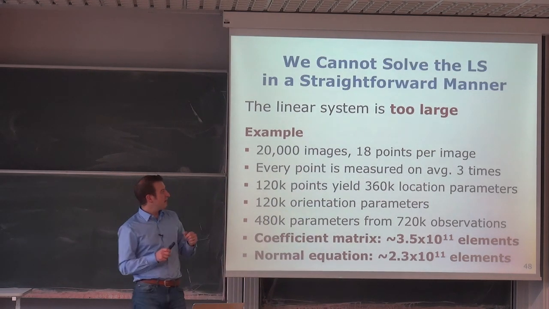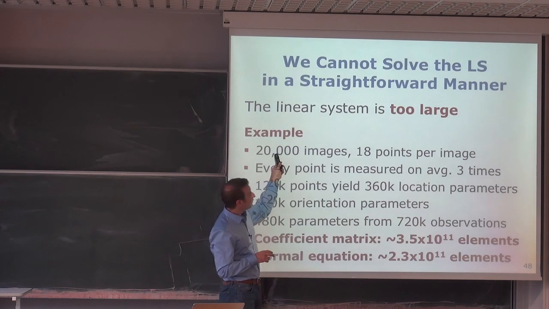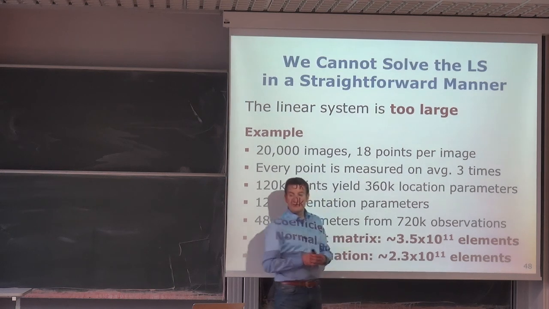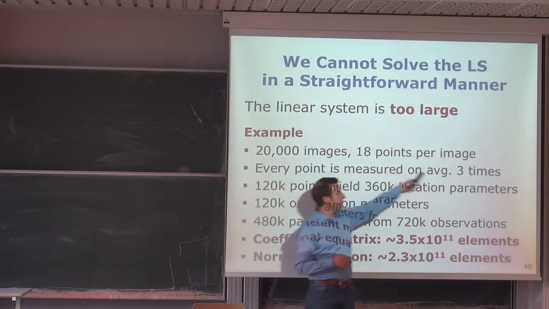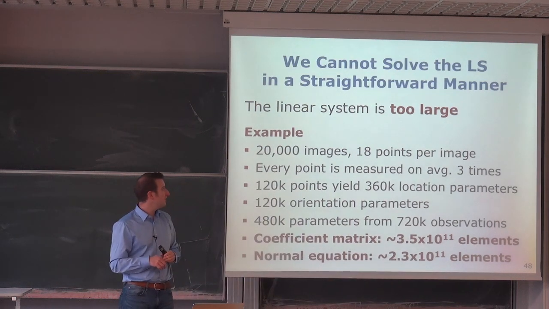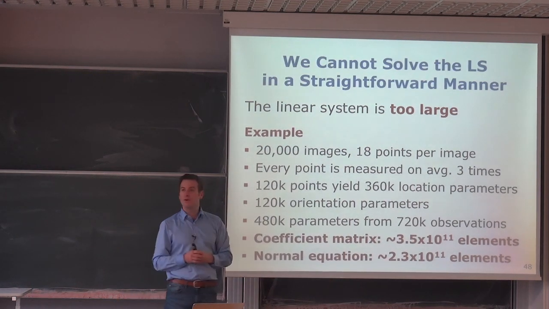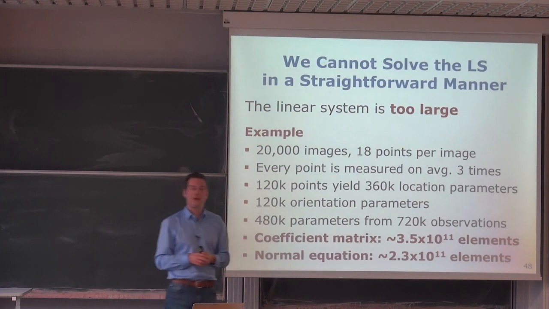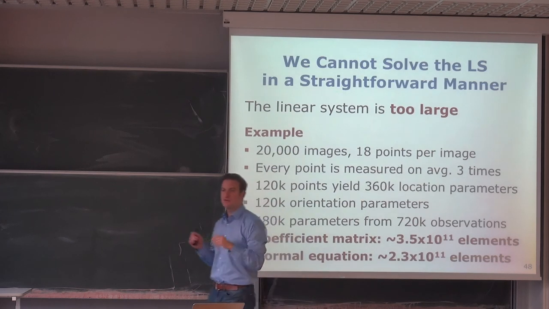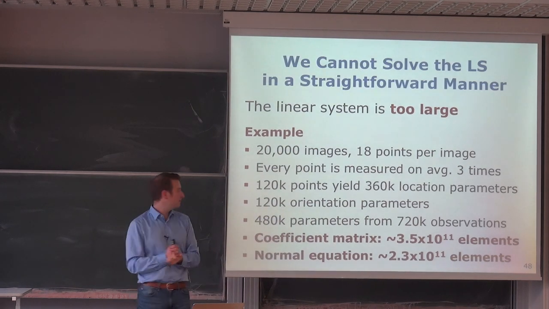So we will see 20,000 times 18, divided by 3, because we see every point on average 3 times. So 20,000 times 6, so 120,000 points. Every point has x, y, and z coordinates, so we have 360,000 location parameters for the points in the environment.